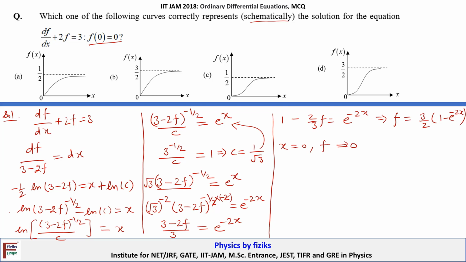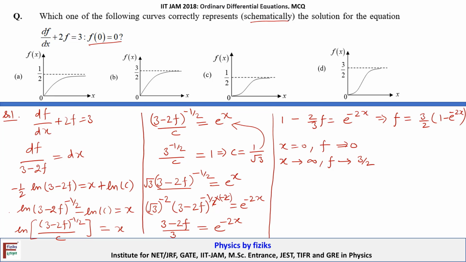Now putting the second condition, as x tends to infinity, a very large value, we can see from this expression that 3 by 2 into 1 minus e to the power minus infinity, this term becomes 0. Therefore the f value tends to 3 by 2.